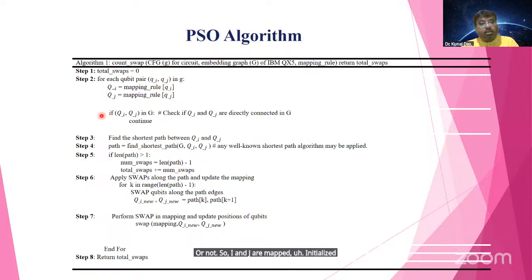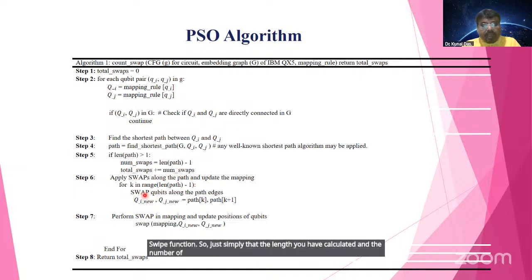Is the initial map correct or not? Because it might require routing, and in this routing phase, the number of swaps required is what our count swap function intends to find. So simply, you calculate the path length and apply the number of swaps required.